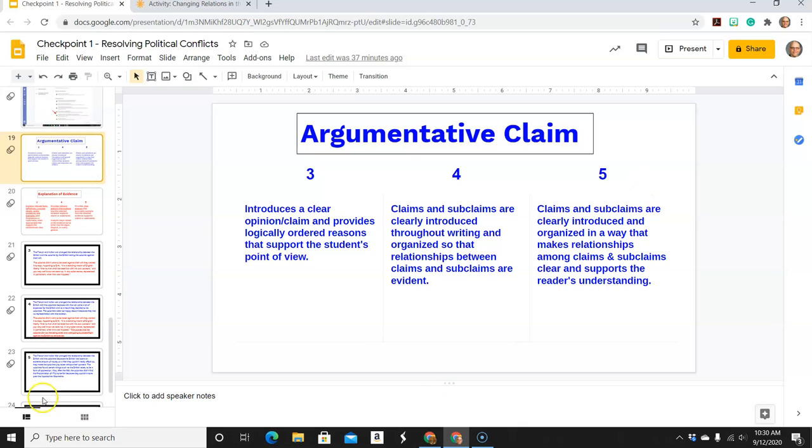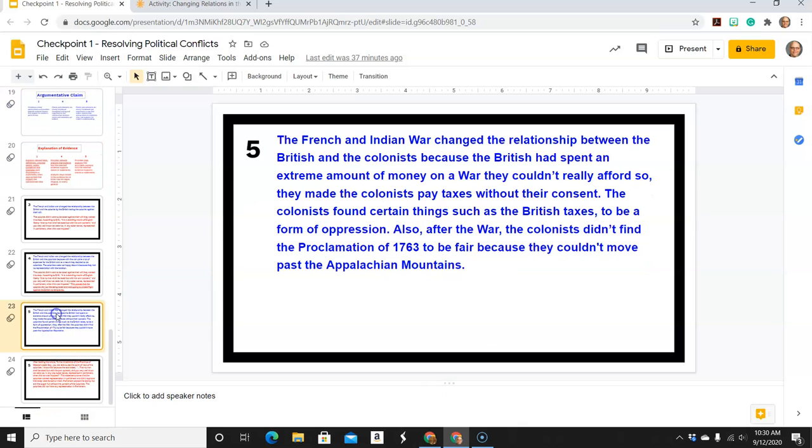Let's look at a 5 for argument of claim. Yes, this is an argument of claim. The French and Indian War changed the relationship between the British and the colonies because the British had spent an extreme amount of money on a war they couldn't really afford, so they made the colonists pay taxes without their consent. The colonists found certain things such as the British taxes to be a form of oppression.